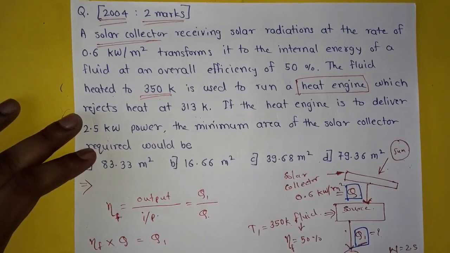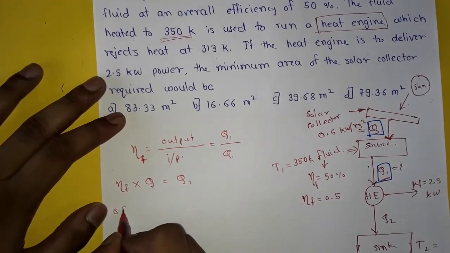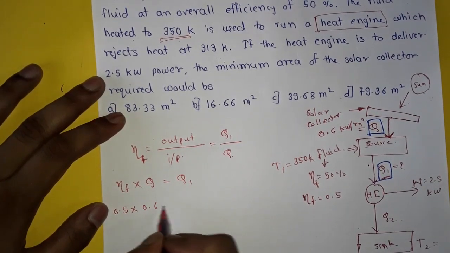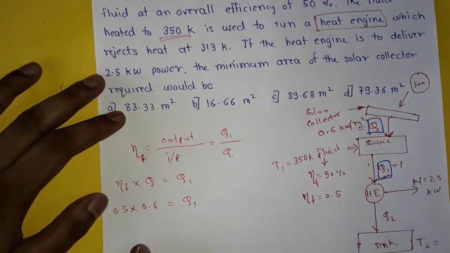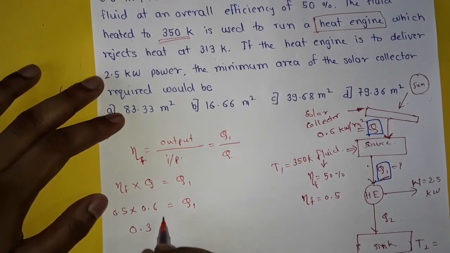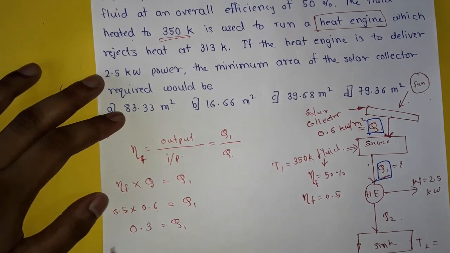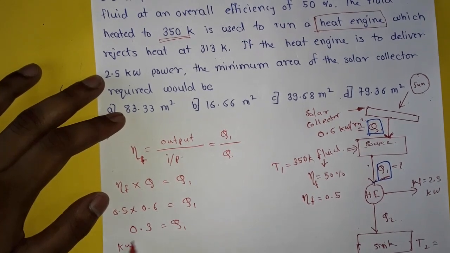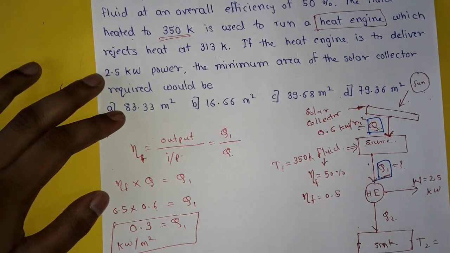Efficiency of fluid can be written as 0.5. So here 0.5 into Q, which is 0.6. Put the values in the calculator, so we will get 0.3. Q1, its unit will be kilowatt per meter square. Q1 is equal to 0.3 kilowatt per meter square.